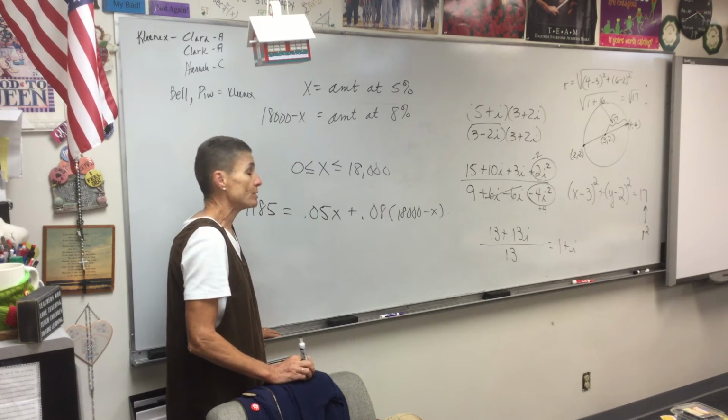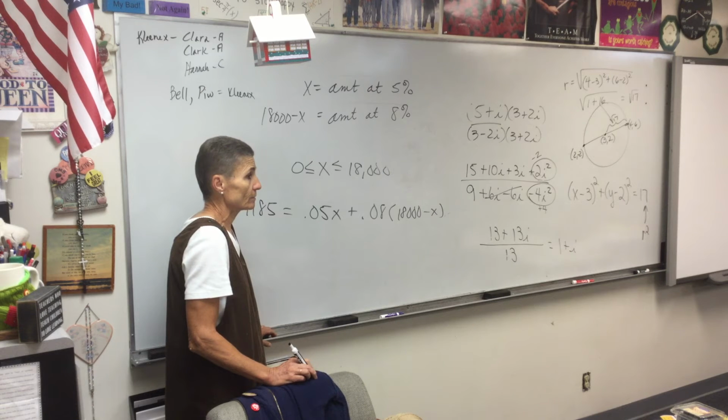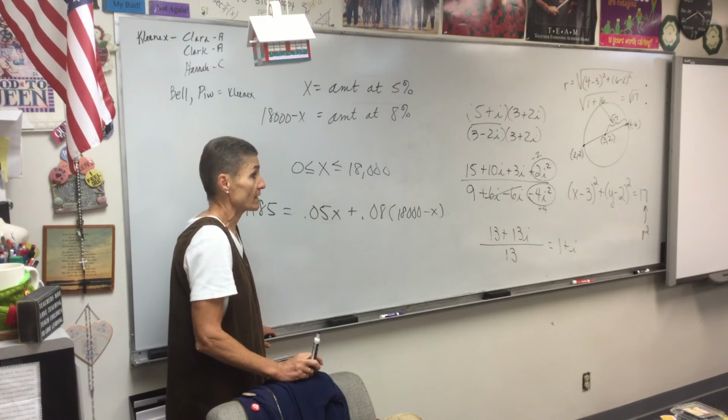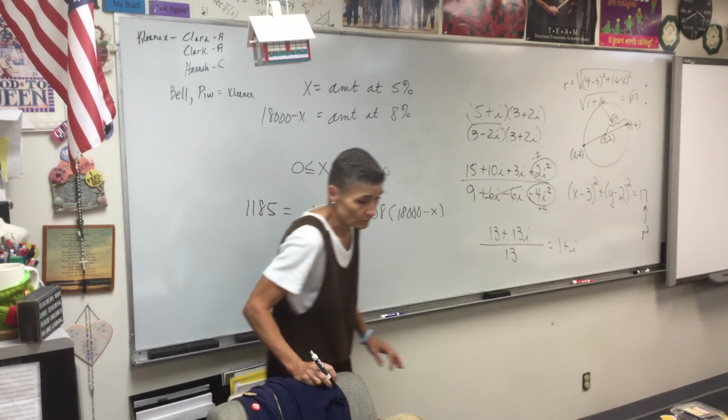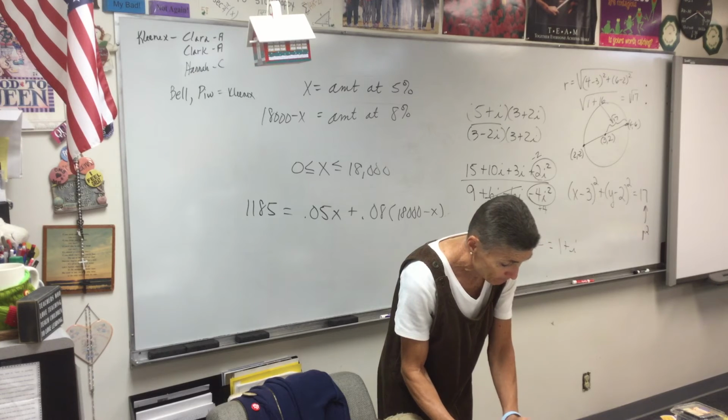On your test, you need to be able to find the zeros. You also need to be able to put in data and generate a regression line, either quadratic or linear. That's with the stat edit and all that stuff. Those are the only two things we're using our calculators for right now.